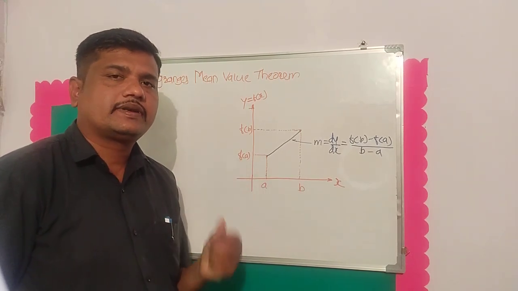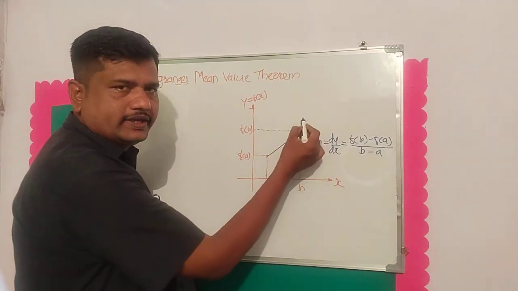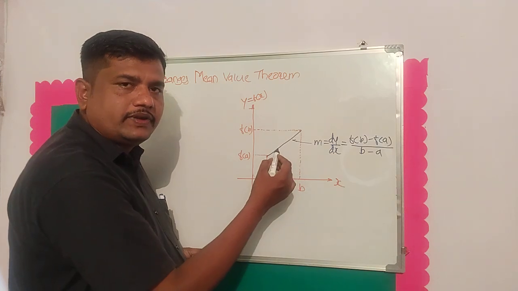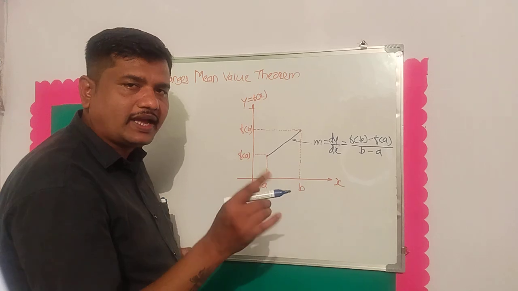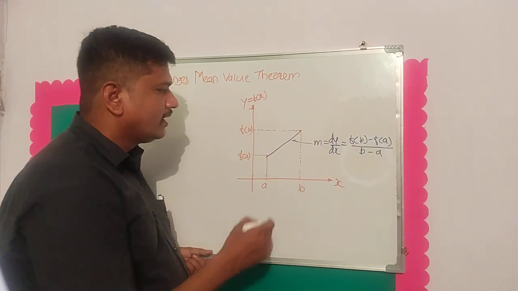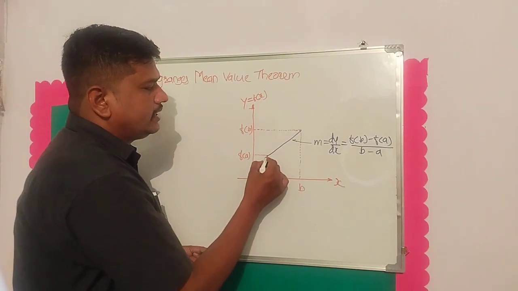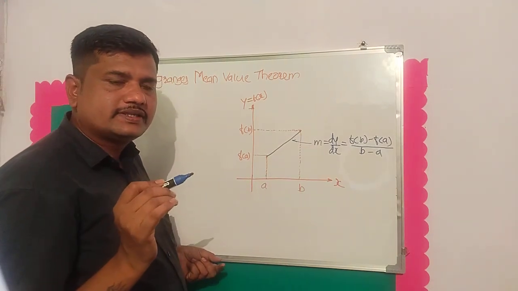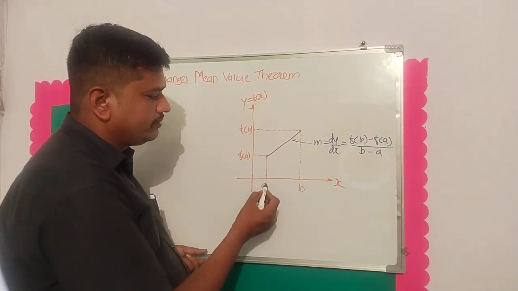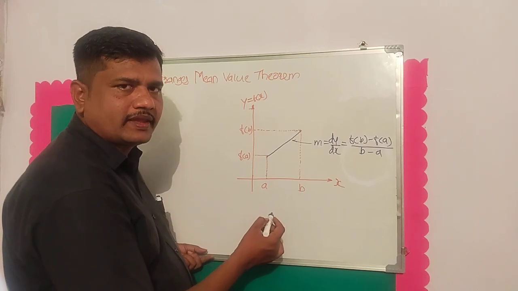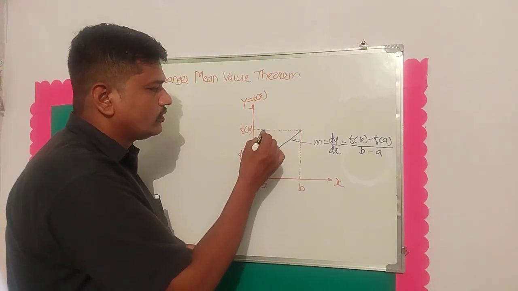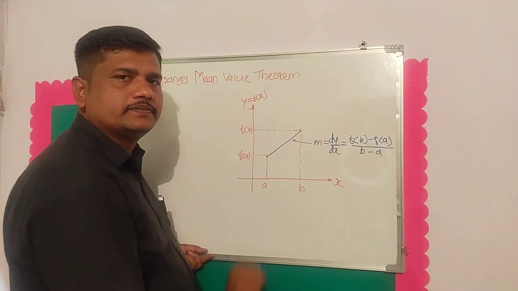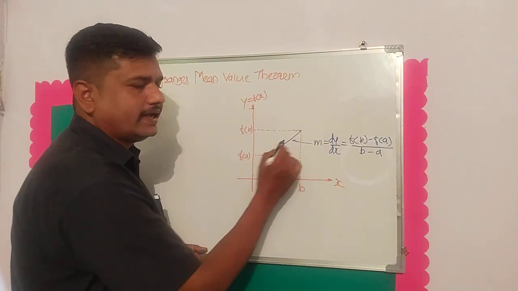and as per this Lagrange's mean value theorem, if we draw any continuous and differentiable curve between these two points, okay, if we draw any curve which should be continuous and which should be differentiable between these two lines, then there must be some point C which should be in between A and B, and at that point, for that particular curve, the slope will be equal to the slope of this line.